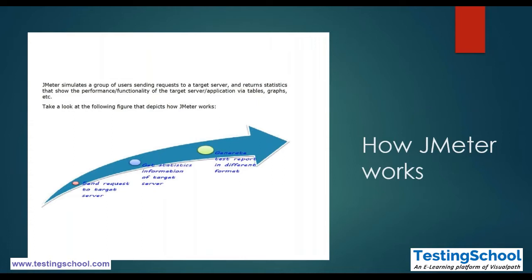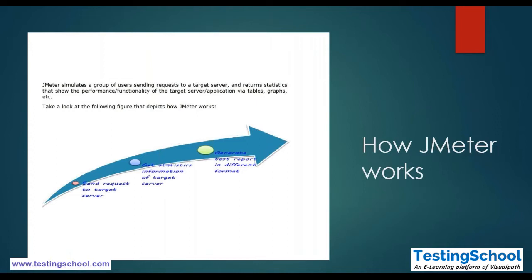The first option is to find 100 PCs and 100 people who will be using that system and running the application manually, but that does not look logical. So that's why we need a tool, and JMeter is a tool where scripts can be developed very easily and run on the go.